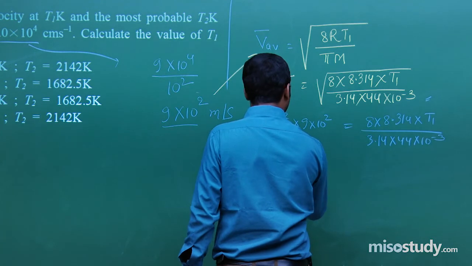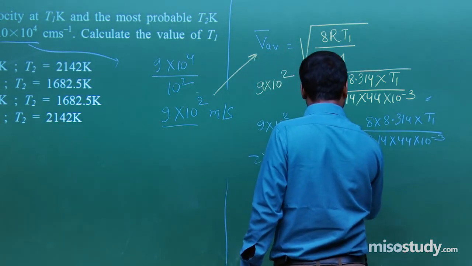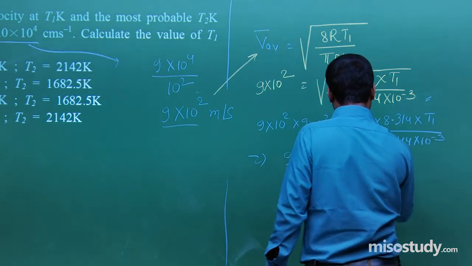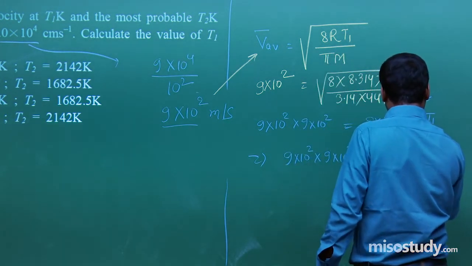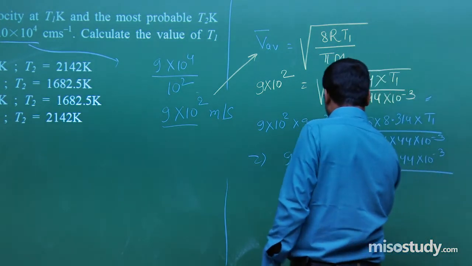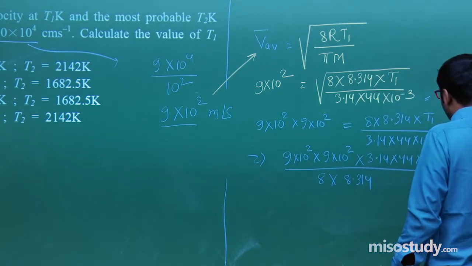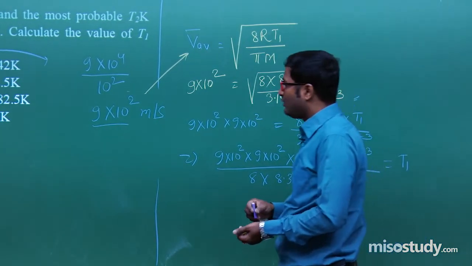Now 9 into 10 to the power 2 into 9 into 10 to the power 2, multiplied by 3.14 into 44 into 10 to the power minus 3, divided by 8 into 8.314, is equal to T1. Clear? Look at what I am telling.